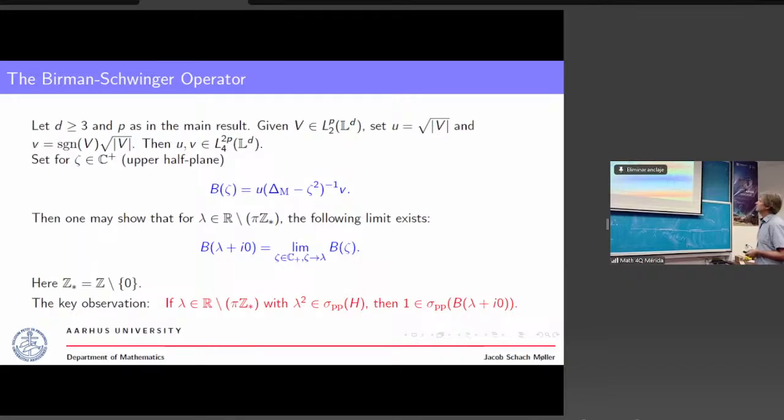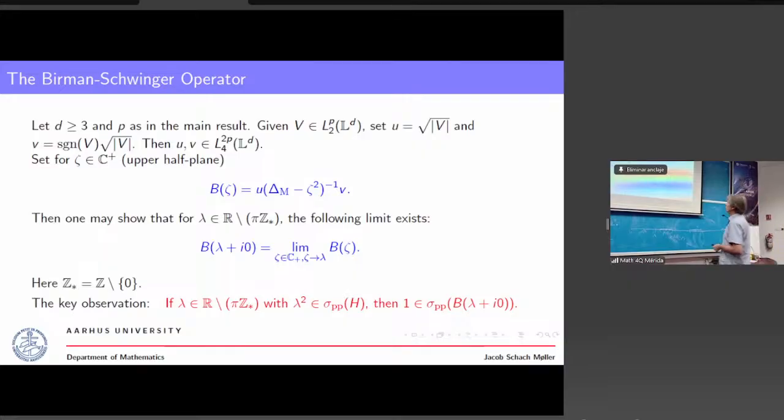Okay, so a key observation, which is well known if you're familiar with Birman-Schwinger, is that if lambda here is a real number which is not in this set star, such that lambda squared is an eigenvalue of the Schrödinger operator, then 1 will be an eigenvalue of the Birman-Schwinger operator.